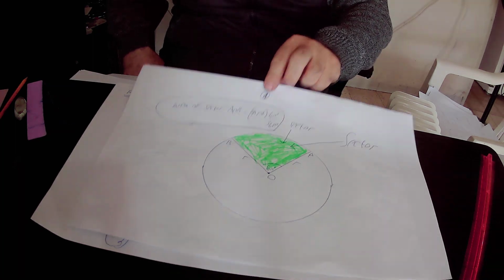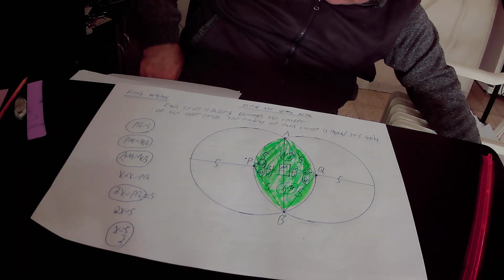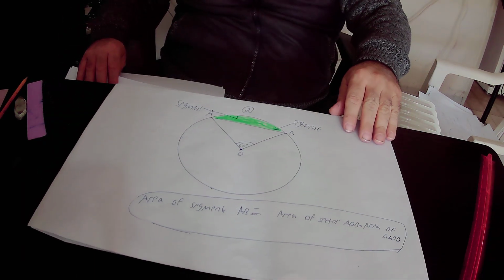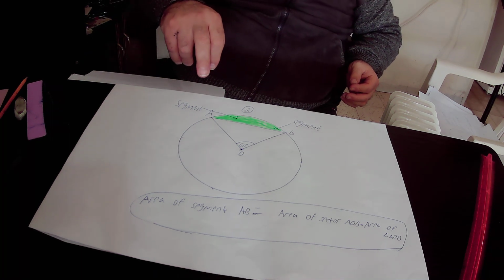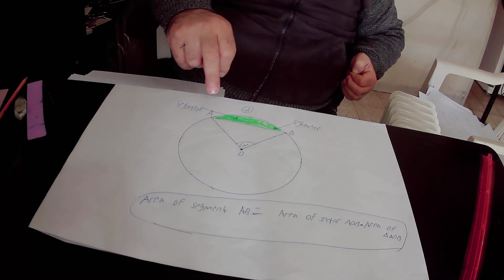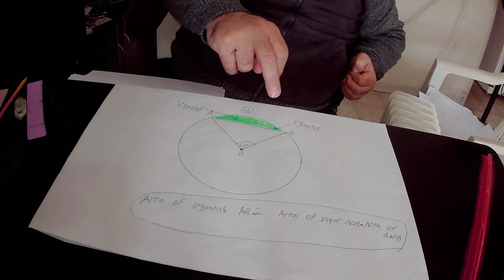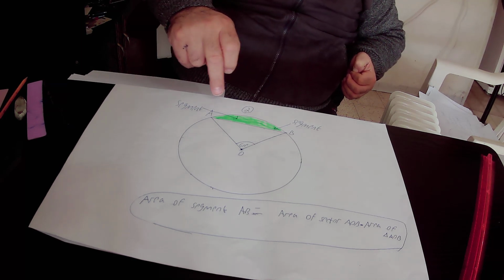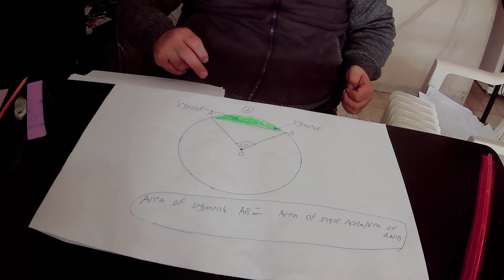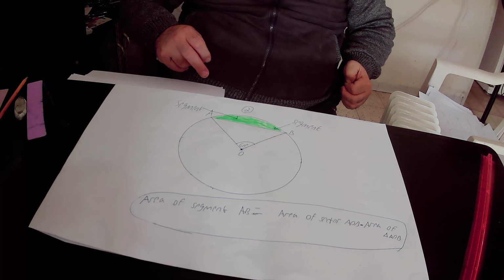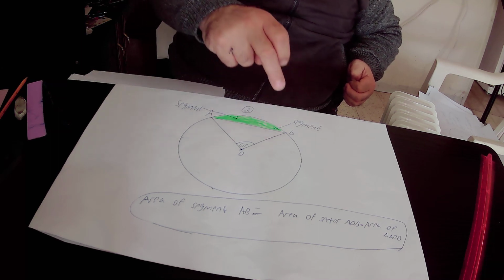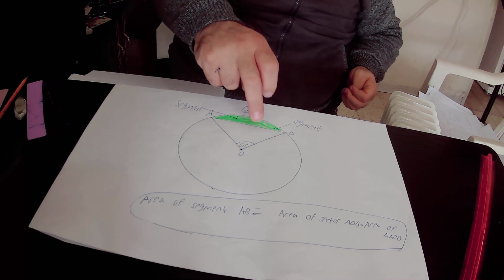Okay, then I presented to you the definition of a segment. A segment is the area that is bounded between chord AB and arc AB. Again, the area that is bounded by chord AB and arc AB is defined as segment AB, and the formula for the area of segment AB will be equal to the area of sector AOB minus the area of triangle AOB.